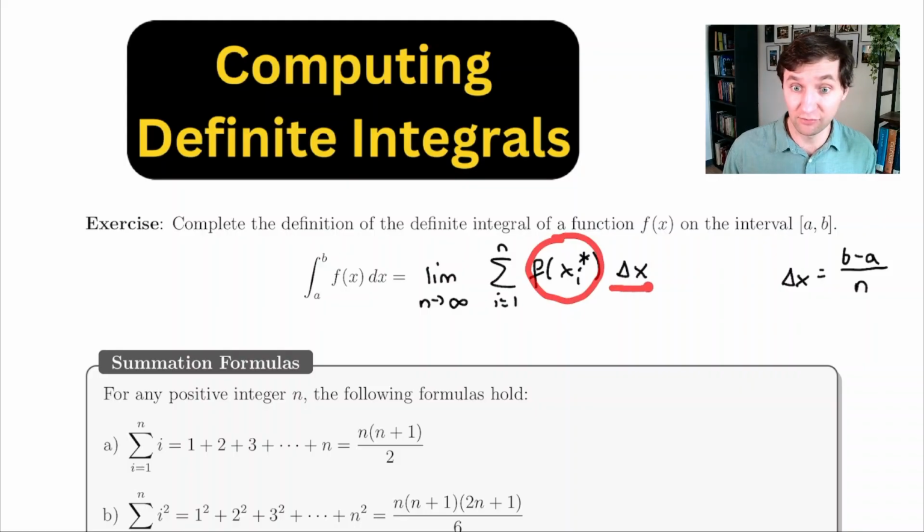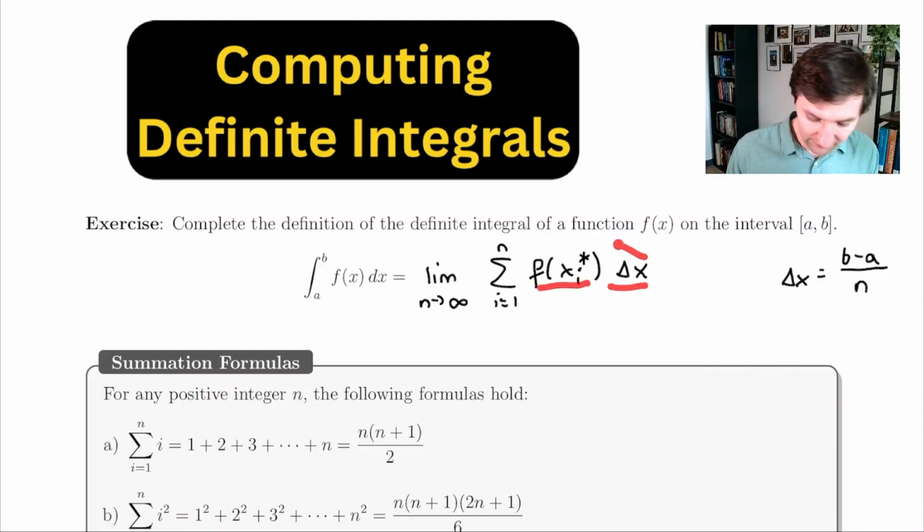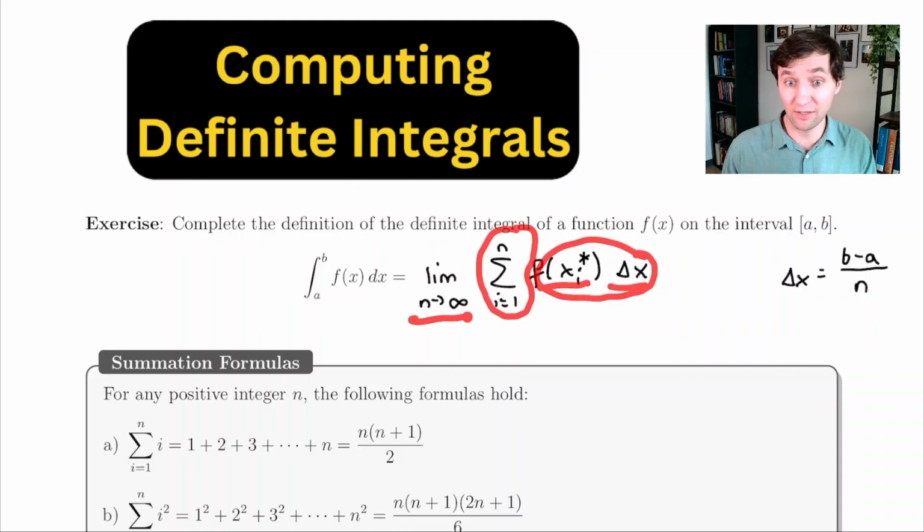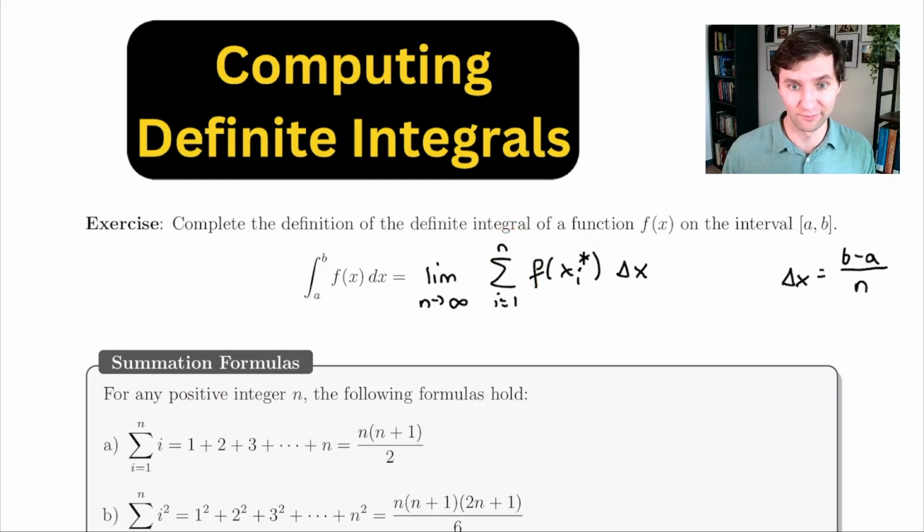Delta x gives you the width of the ith approximating rectangle. This means that when you multiply these two values, you get the area of one approximating rectangle. This sum tells you to add the areas of all of the approximating rectangles. And the limit tells you to compute the limit of a sequence of approximations that use more and more rectangles.